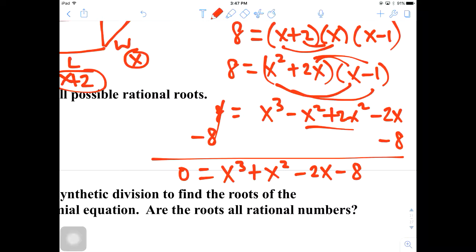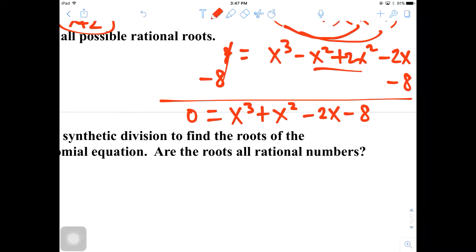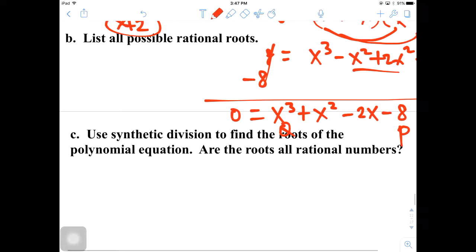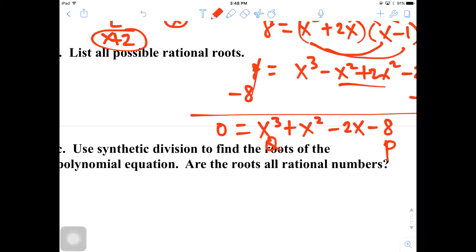At this point, now that we have the equation equal to 0, we're going to use the P and Q method, which is the rational zero theorem. We're going to start by finding the list of possible zeros.